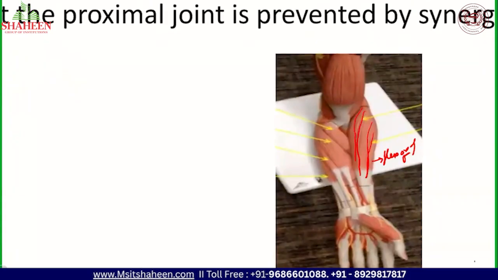These flexors cross the wrist joint and are inserted into the fingers. There are some other flexor muscles in the forearm that reach only up to the wrist joint.